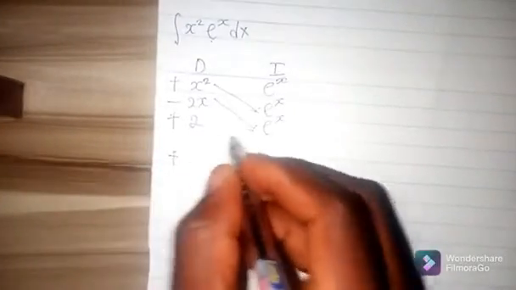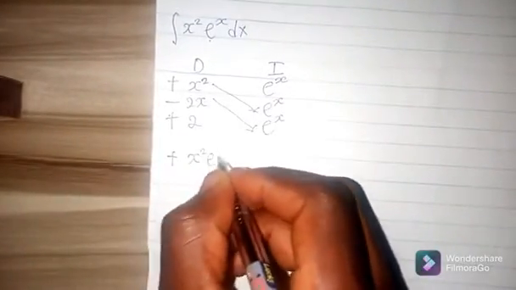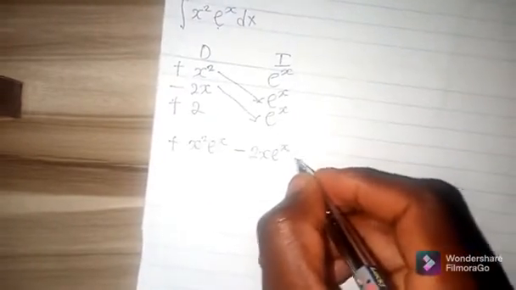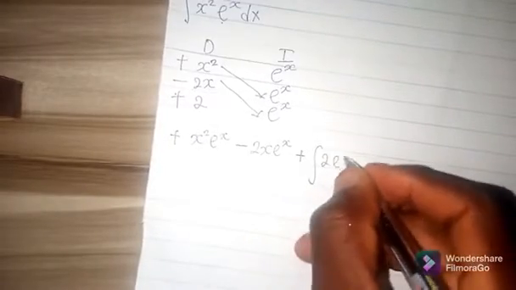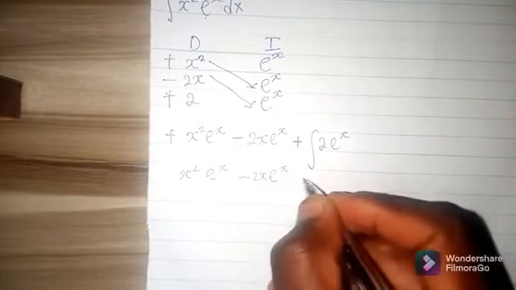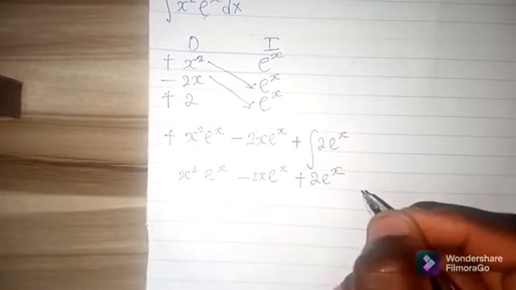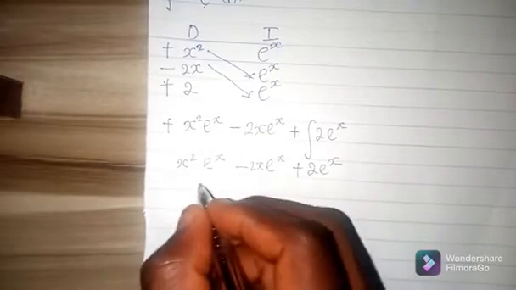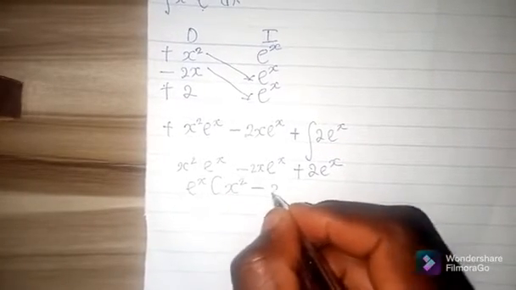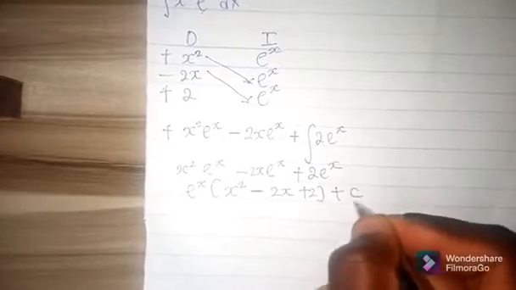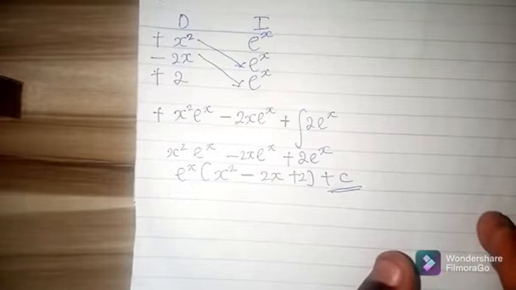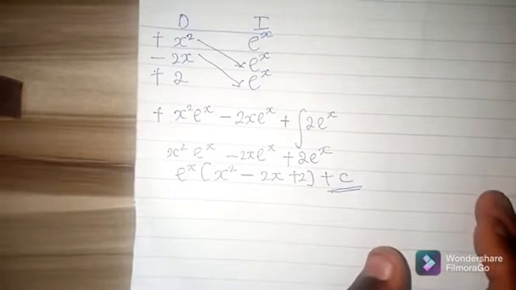So plus x squared e to the x minus 2x e to the x plus integral 2e to the x. So x squared e to the x minus 2x e to the x plus 2e to the x. If you factor e to the x out, e to the x times x squared minus 2x plus 2, plus c. That is the solution to the second example.